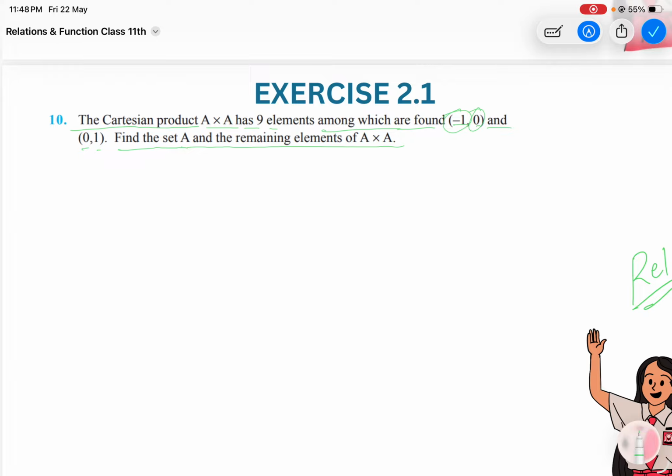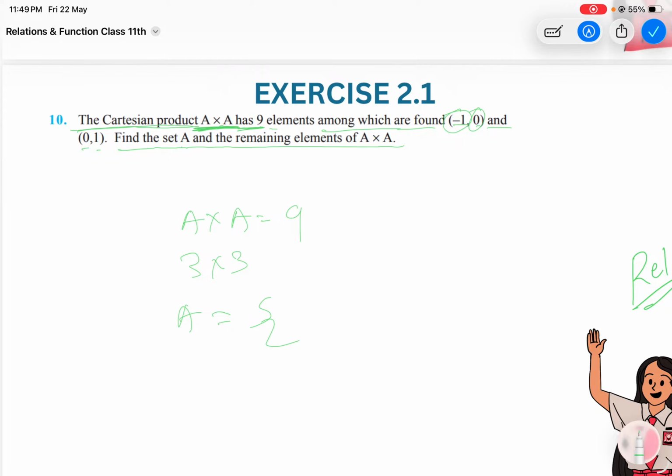So one element is (minus 1, 0), so you can imagine what the other elements will be. Okay, saying the Cartesian product of A into A has 9 elements, it means A into A equals 9 elements, so we have 3 into 3.